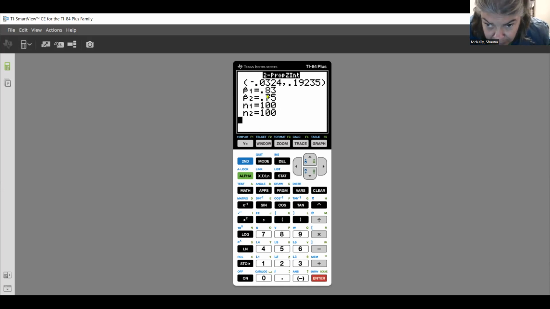Okay, now look at the top and write this number down. So I'm going to write it down on my piece of paper next to me. So I have negative 0.0324, and the upper limit is 0.19235.